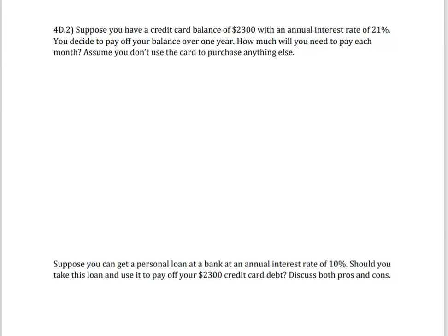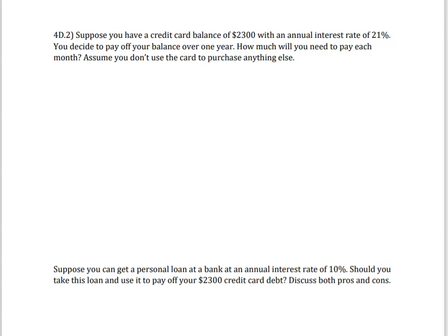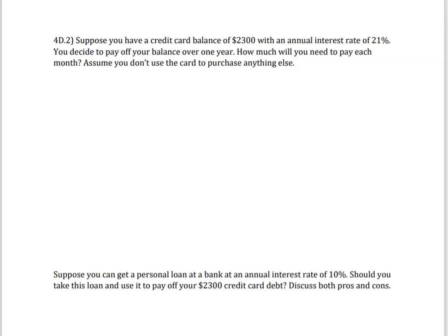So what we know is we've got this formula to calculate payments that we can use. Basically, the payment is equal to your principal times your APR divided by the number of times it happens per year.